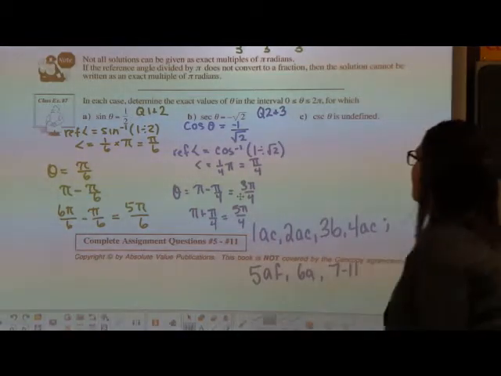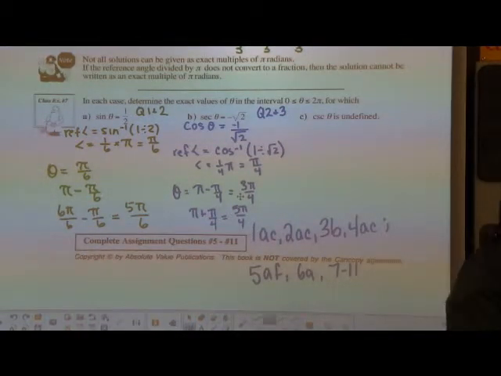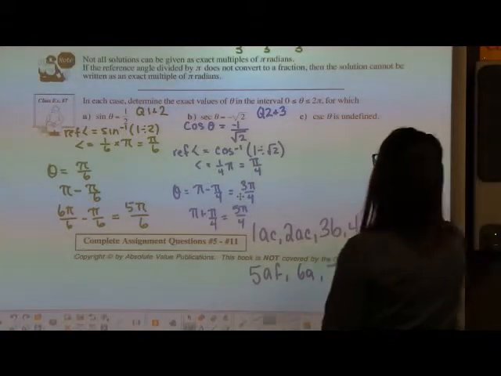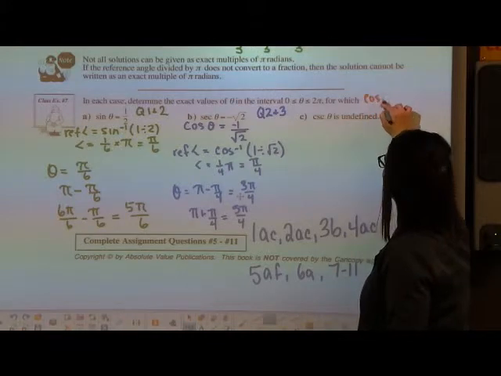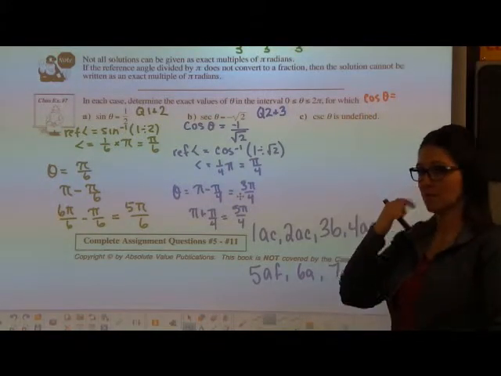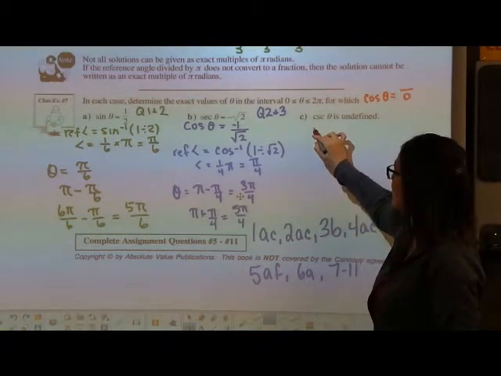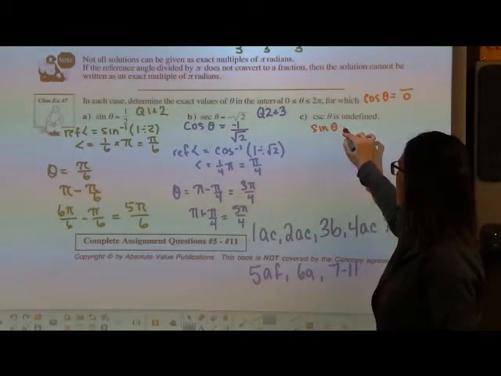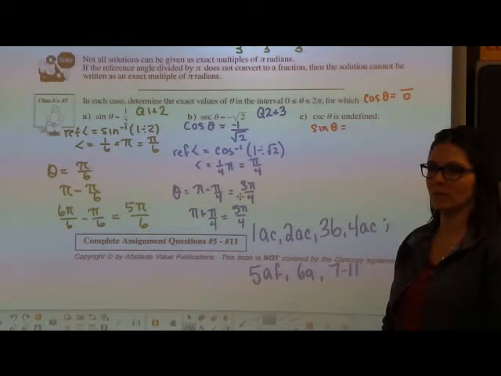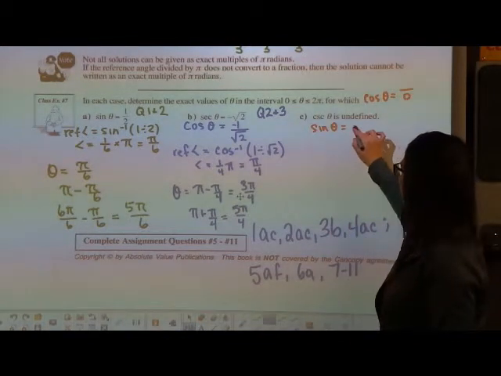Okay. And then we have cosecant theta is undefined. So if cosecant theta is undefined, what did we say before? Something divided by 0. So that means that the reciprocal sine theta would then be equal to 0.